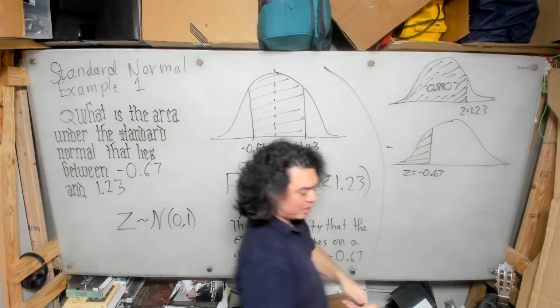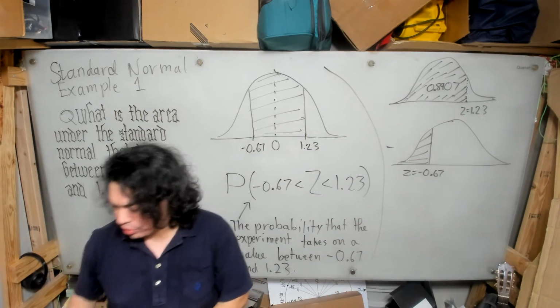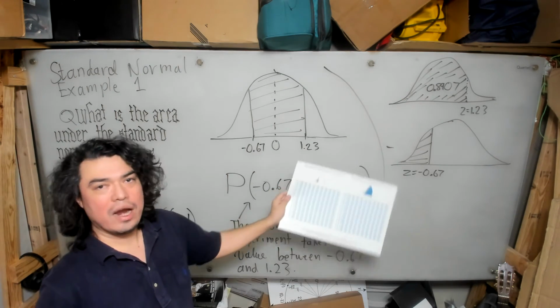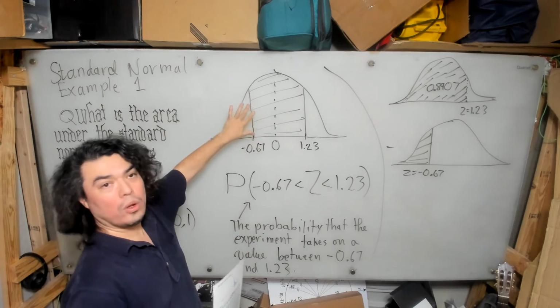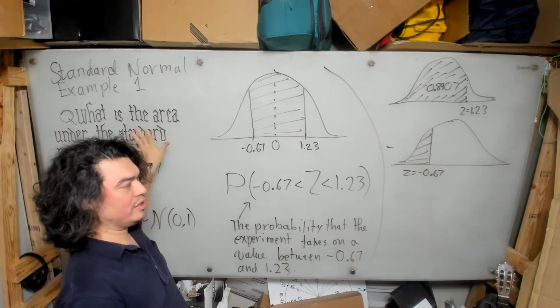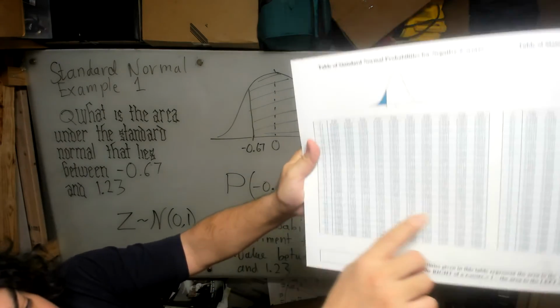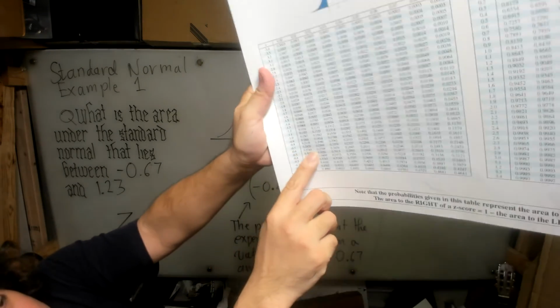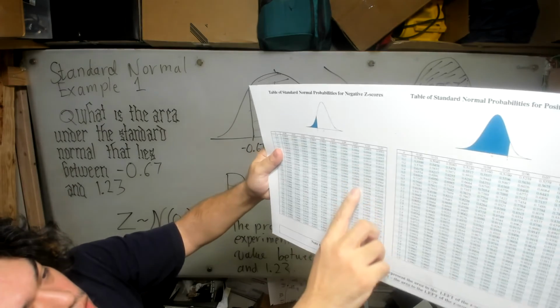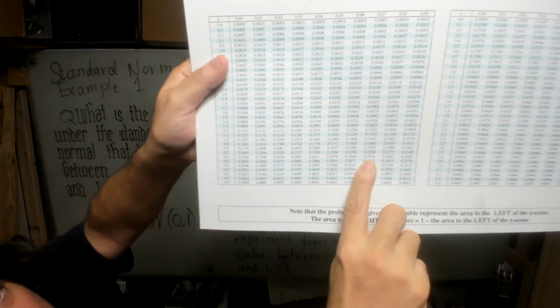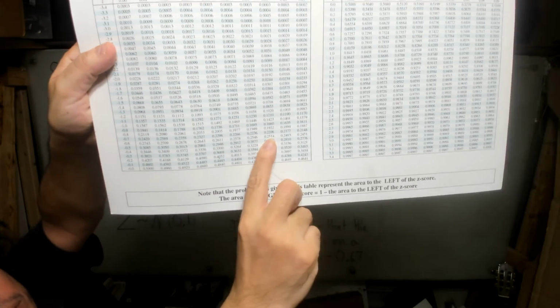Now look with me at your standard normal table and find the area of the standard normal behind z equals negative 0.67. Let's look at that together. Negative 0.67, that'll be this column. It's 0.2514.